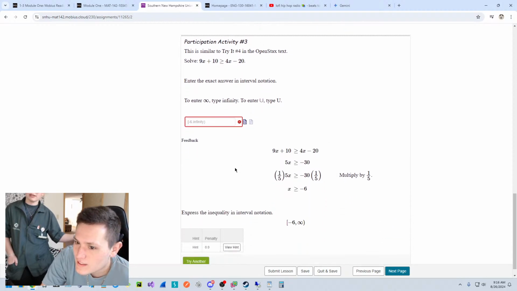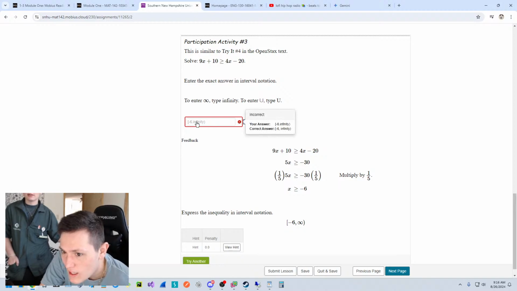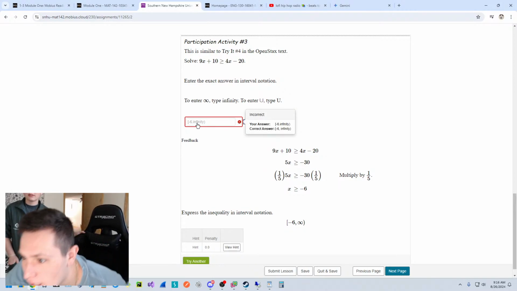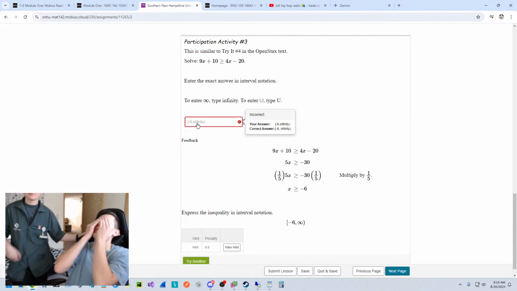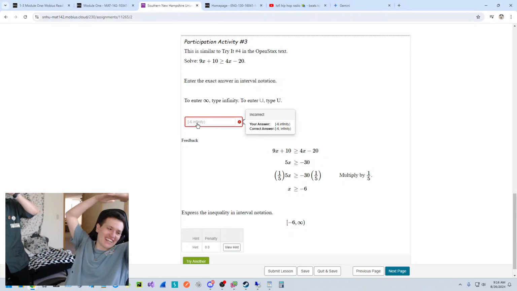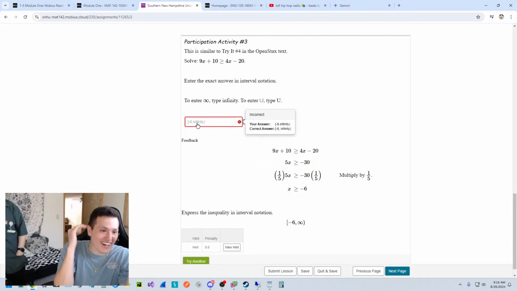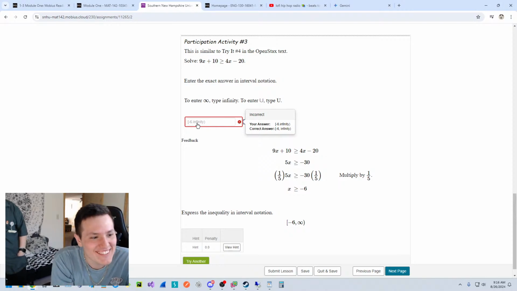Yeah. Wait, why is that not right? Oh my god, because I put a period. I'm gonna crash out. I put a period, so I got it wrong. I really got it right though.